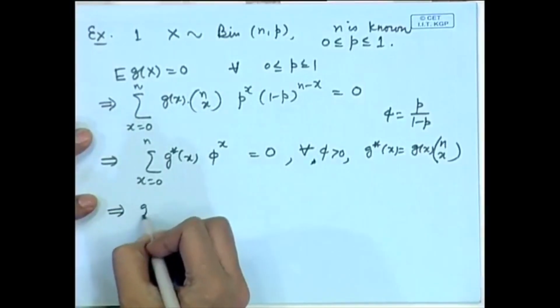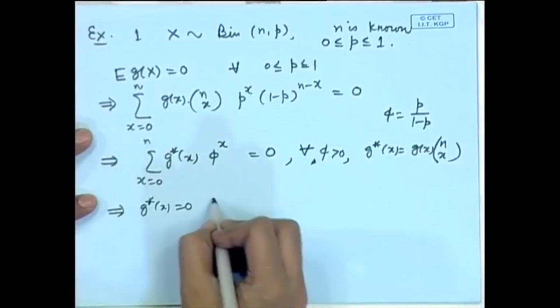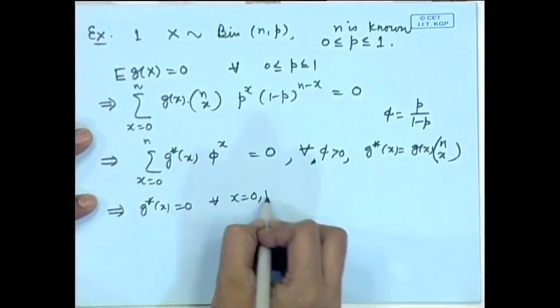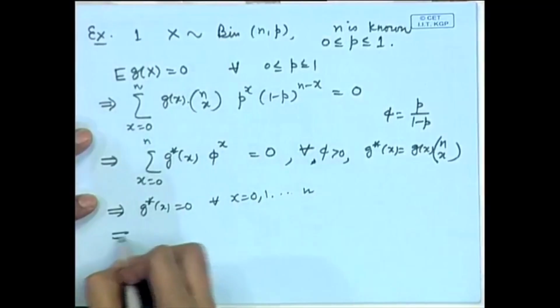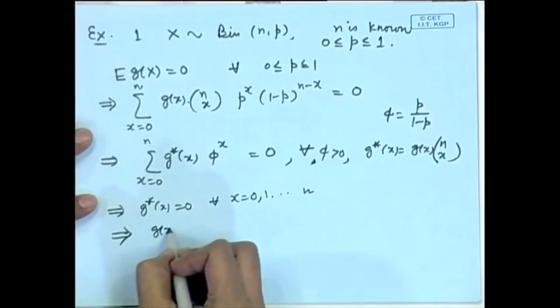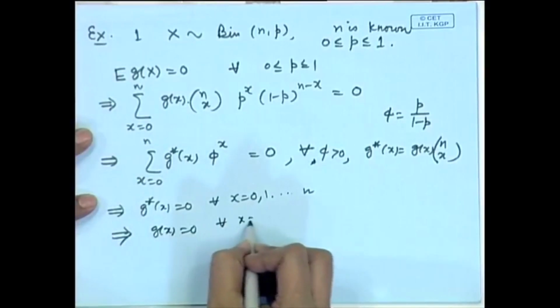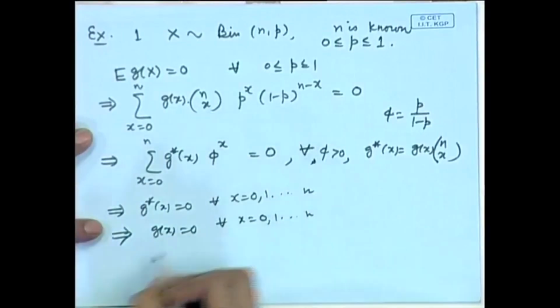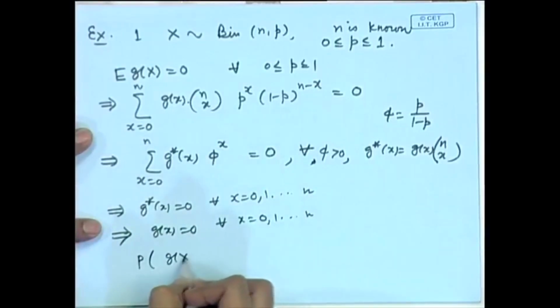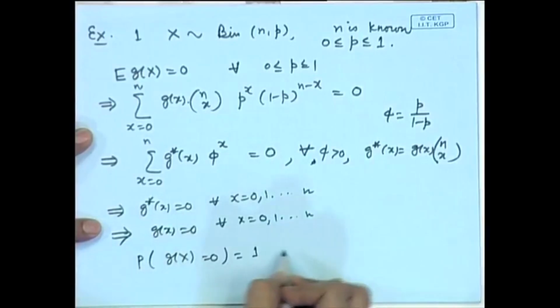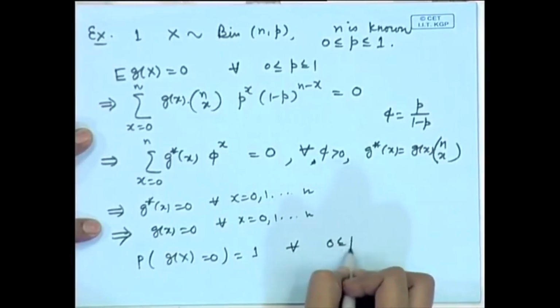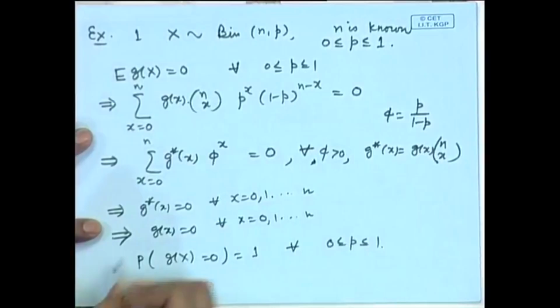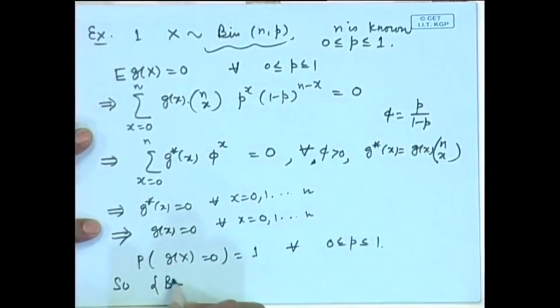That means, g*(x) is 0 for all x equal to 0, 1, ..., n, which implies that g(x) itself is 0 for all x equal to 0, 1, ..., n. So, probability that g(X) is equal to 0 will be 1 for all p. So, this family of binomial distributions is a complete family of distributions.